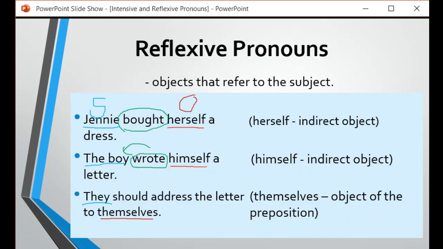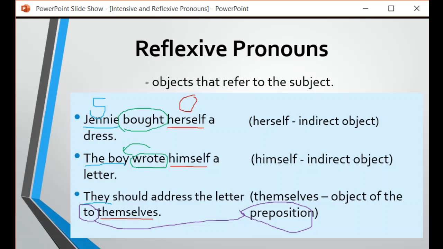Take a look at the word before themselves. Ang to ay isang example ng preposition. So, preposition siya. Yan, pareho sila. Sinasabi nito kung para saan yung letter.